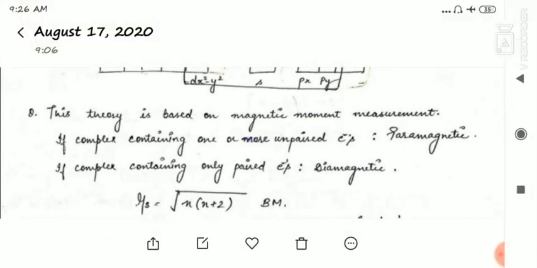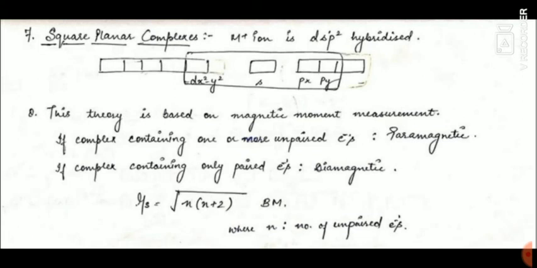Next is point 8. This theory is based on magnetic moment measurement, because it is based on unpaired electrons of d orbitals.